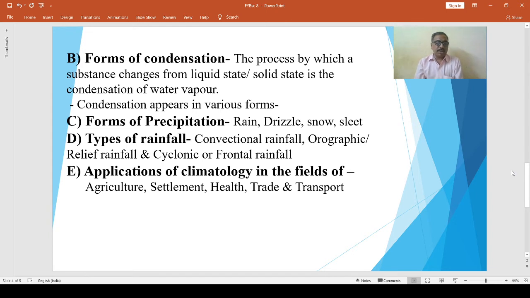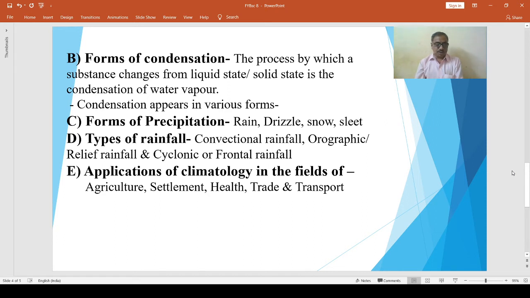There are three basic forms of clouds, and these are cirrus clouds, stratus clouds, and cumulus clouds. The classification of clouds according to average height of the cloud base is high clouds, middle clouds, low clouds, and clouds of large vertical extent.